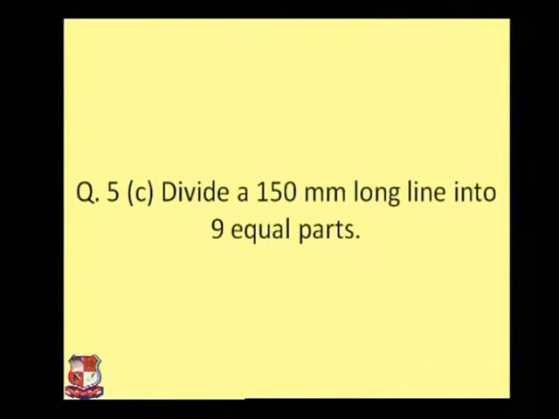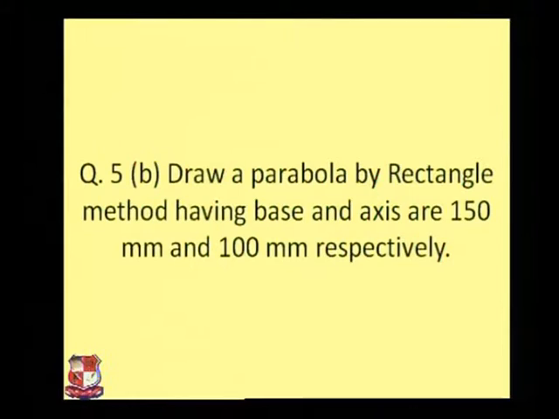We will see the next problem. Again, this problem is about engineering curves. Draw a parabola by rectangle method having base and axis 150 and 100 mm respectively. A parabola can be drawn using two methods.